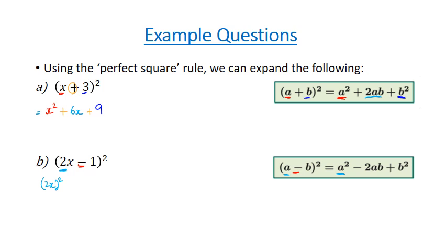The next symbol is a negative, so I'm going to write a negative. Let's skip ahead to the last one. Last one is a 1, and here's a b. Now b turns into b squared, so 1 must be 1 squared, and it's going to be a positive 1 squared, which is just 1. And now in the middle, I've got 2 times a times b, and in this particular case, 2 times 2x times 1 gives me 4x.